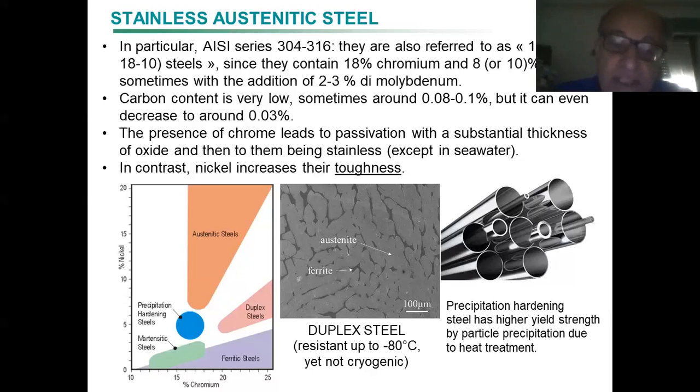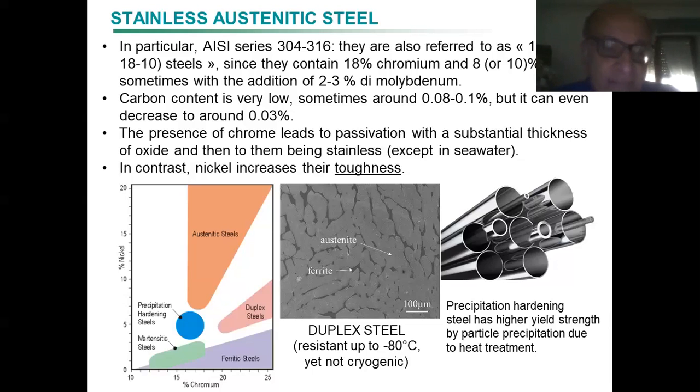You can have graphs also that show the effects of both nickel and chromium, like you see in that graph to the left. In practical terms, we have a large area which is for austenitic steel.